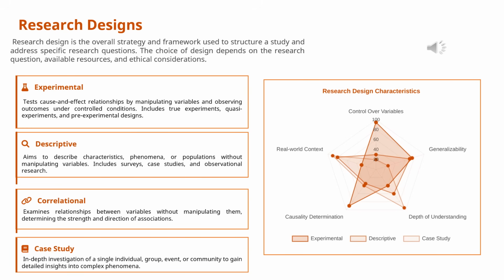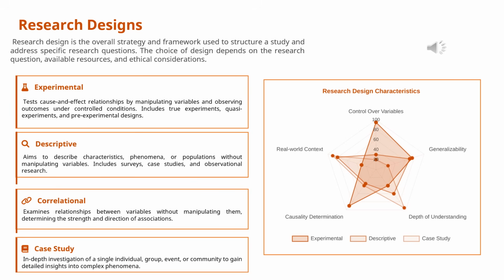Then we have other examples like correlational study design, where you examine relationship between variables without actually manipulating them in order to determine the strength and direction of association. Then we have the case study, where it involves a kind of in-depth investigation of a single individual, group, event, or community to gain detailed insight into complex phenomena.